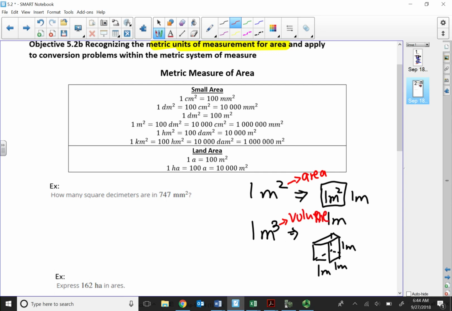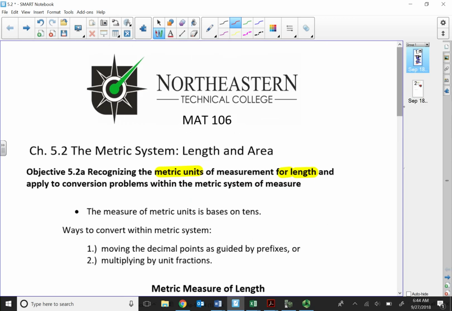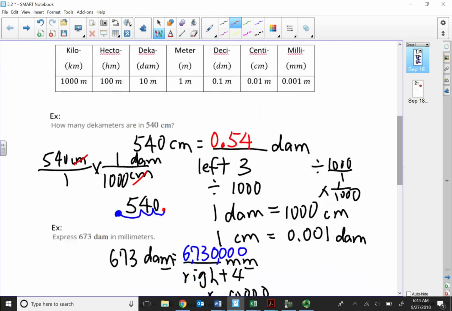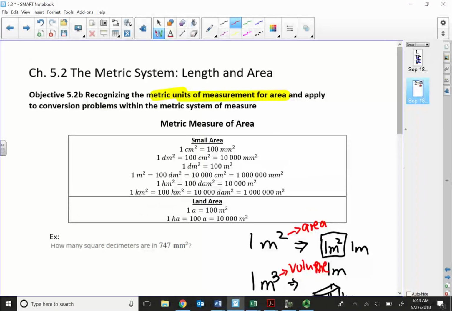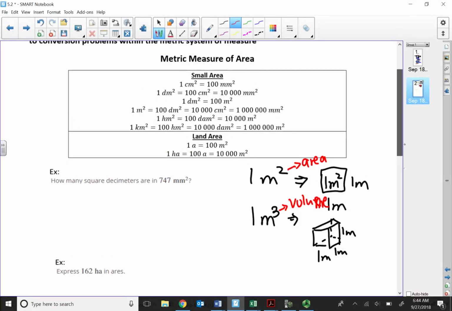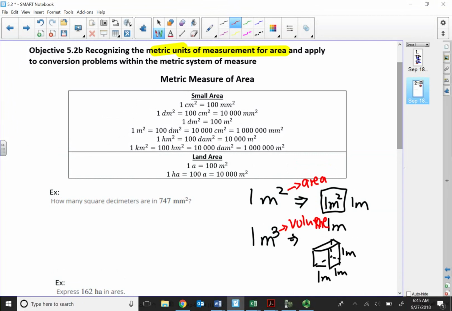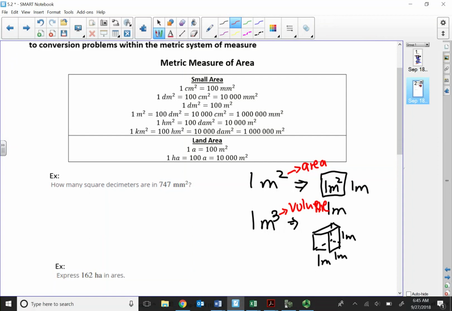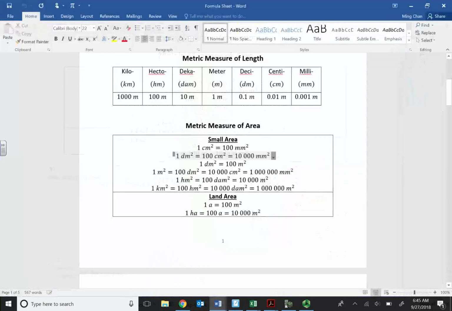So how do I know the problem I'm working on is talking about area instead of conversion from metric to metric? You look at the units, or the wording, that will tell you whether we are dealing with conversion between length to length or conversion between areas. It's kind of confusing because we have so many formulas on the formula sheet for all these conversions.